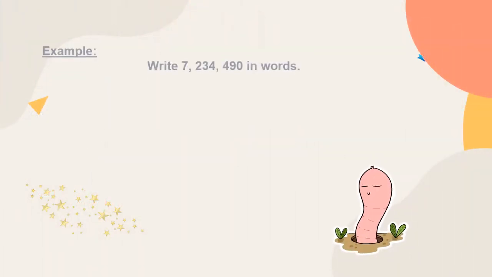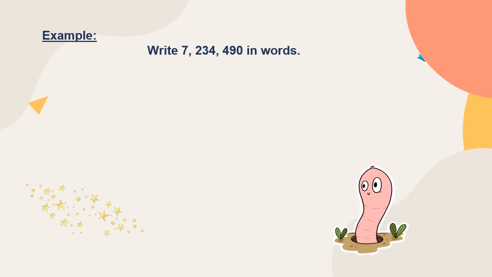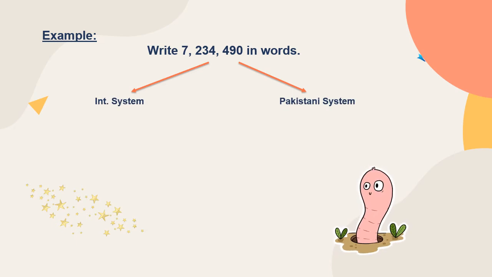Let's look at another example. Question says, write 7,234,490 in words. We will attempt it for both the systems. So for international system, our rule is to divide the numbers into houses. Here we have the ones house, the thousands and the millions house.